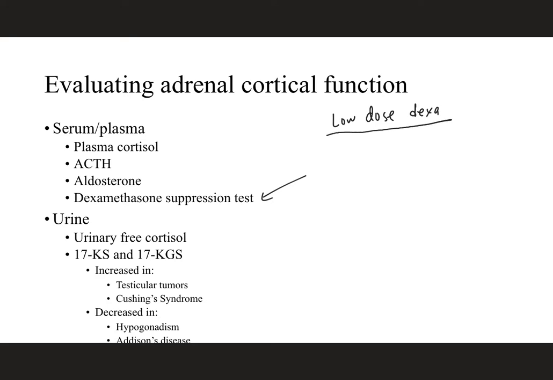Low dose can tell us a couple of things potentially. So if we have a low dose of dexamethasone injected into the patient and we measure their cortisol levels the next day, if we have low cortisol, that is a good thing.